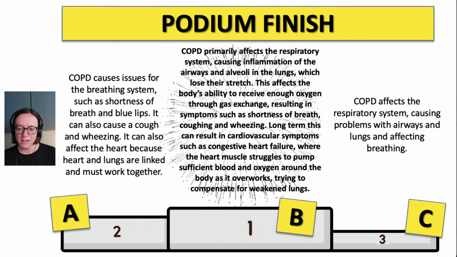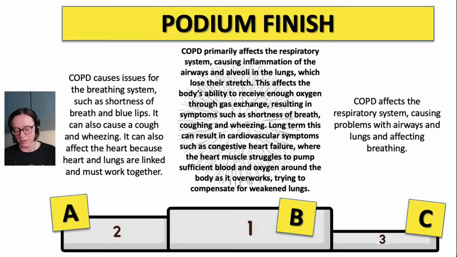Okay, so the reason that I have made B the winner is it has sufficient detail. It tells me about the primary body system being affected, which is the respiratory system, and it tells me how the respiratory system is affected. It tells me about the effects of that, so not receiving enough oxygen through gas exchange, and then the impact.